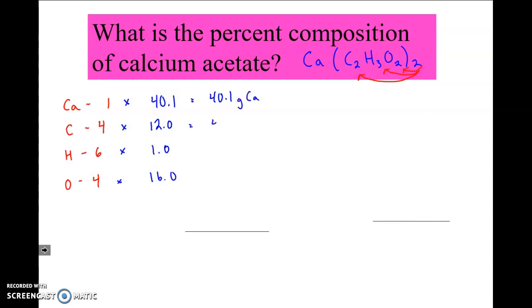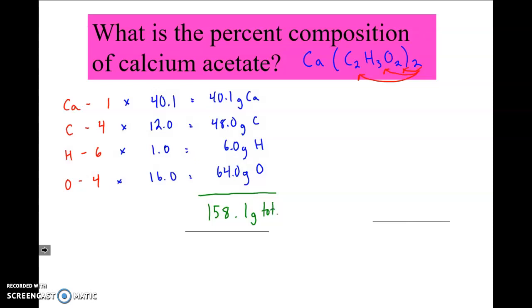We get 48.0 grams for carbon, 6.0 grams for hydrogen, and we get 64.0 grams for oxygen. So we need a total. We're going to add up all of these masses and find the total, 158.1 grams. This is total.